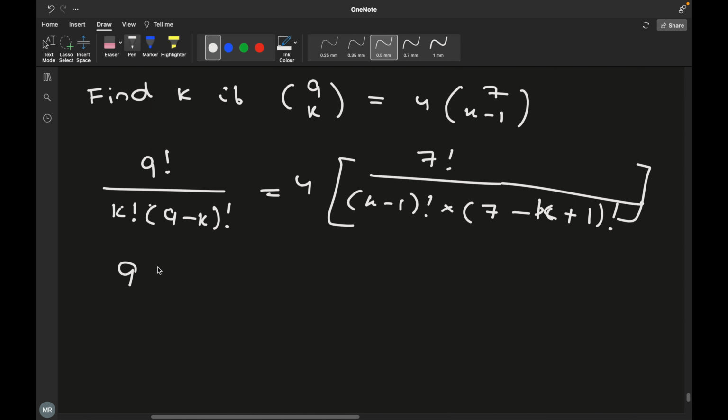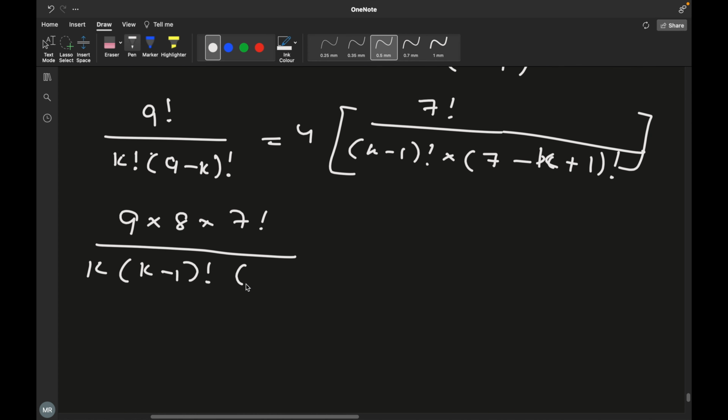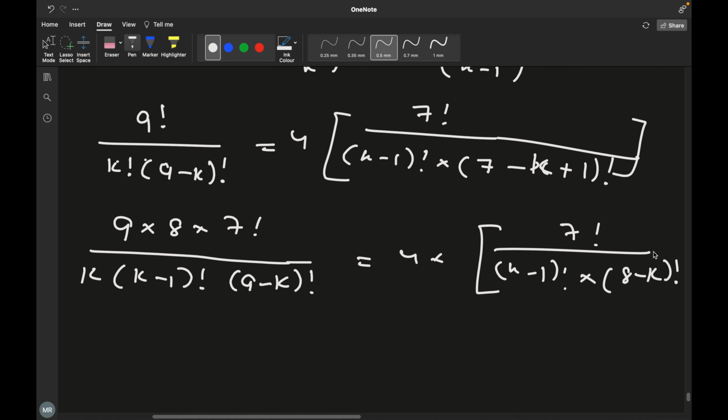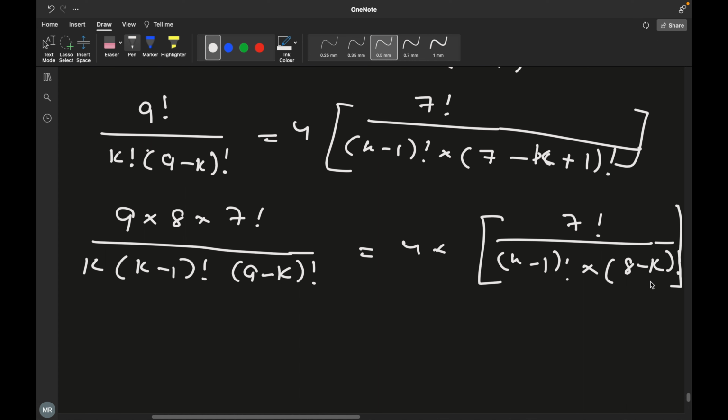We can expand this. 8 into 7 factorial divided by k into k minus 1 factorial, and this will be 9 minus k factorial. It's going to be k minus 1 factorial multiplied by 8 minus k factorial. We can cancel 7 factorial and 7 and this and this.